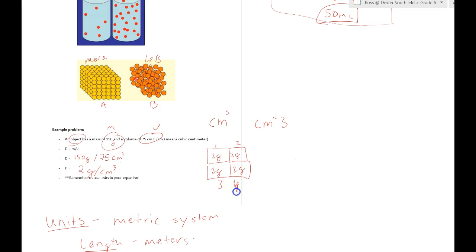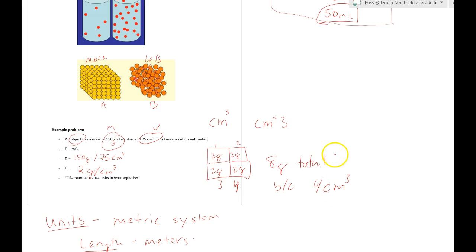Those are 4 of those cubic centimeters, 4 of those cubes. And we know that each of those cubes has a mass of 2 grams. So in total, this block of matter, since there's 4 of those cubic centimeters, we know that it's going to have a total mass of 2, 4, 6, 8. 8 grams total, because there's 4 cubic centimeters.